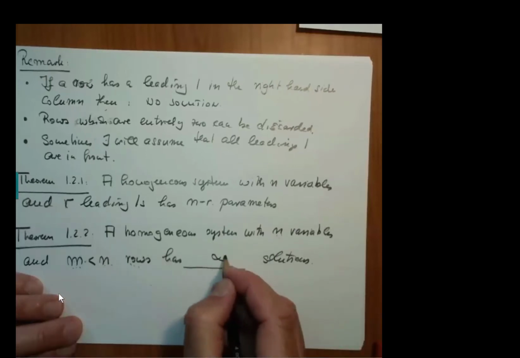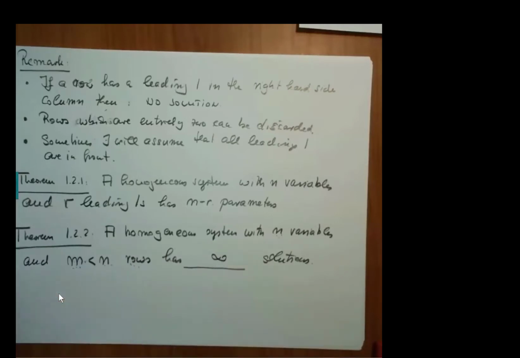So it has infinitely many solutions, because the maximum number of leading ones is m, the number of rows, because every row can only have one leading one. And that means there are for sure some parameters left. So if someone has a homogeneous system, 2 by 3, you know for sure there are infinitely many solutions, even without doing any calculation.